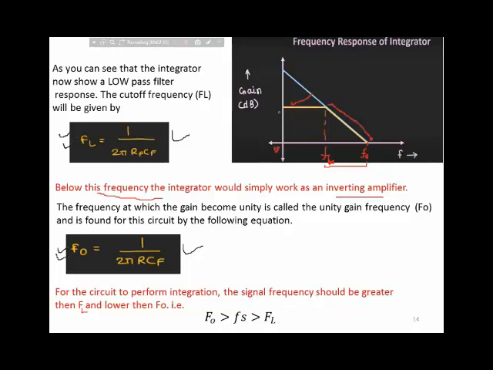This is a low pass filter that we have seen in chapter 9. The low pass filter has a transfer function, and from the transfer function you can find the cutoff frequency, where the gain of the response is at minus 3 dB or 0.707 of the maximum value, and the unity gain frequency, where the gain becomes 1. From that transfer function you can set the corresponding gain at these frequencies and try to derive the relationship.